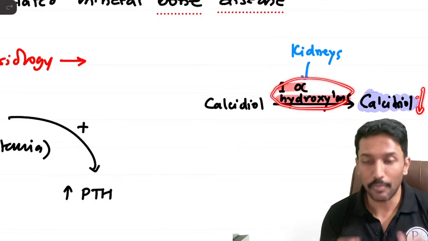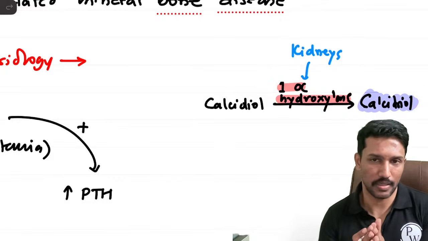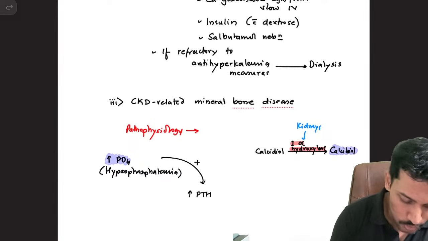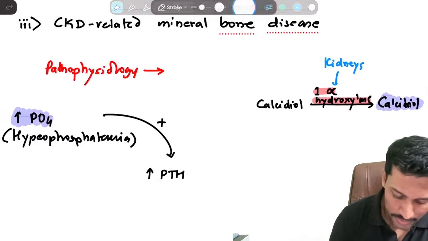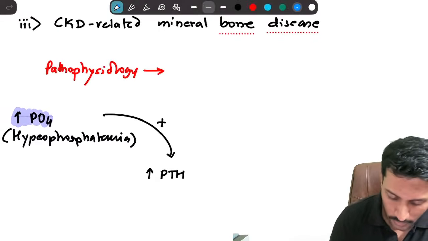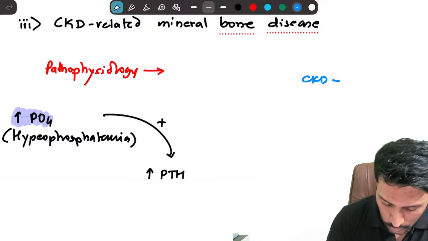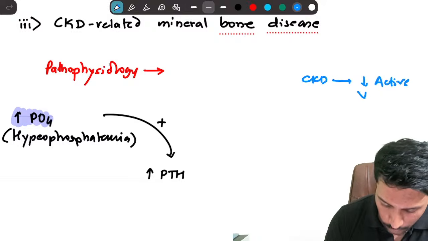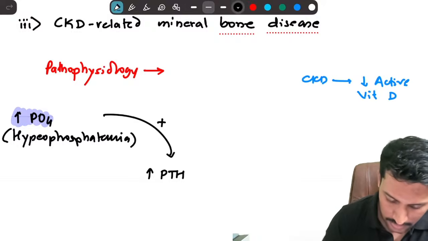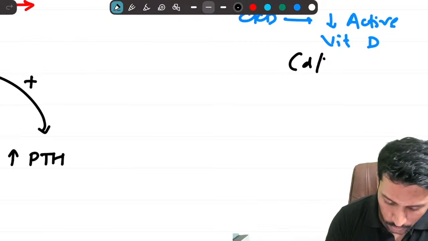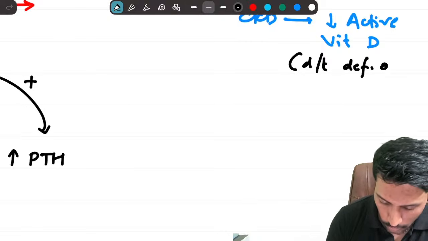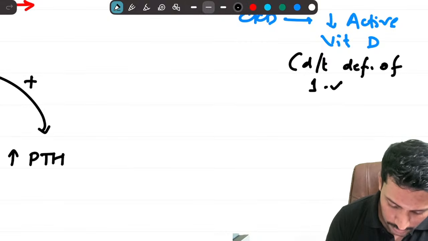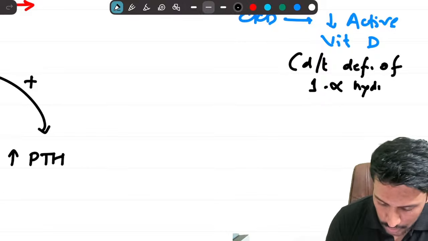So you have less active form of vitamin D. CKD leads to decreased active form of vitamin D. The reason for that is deficiency of 1-alpha hydroxylase, which is produced by the kidney.